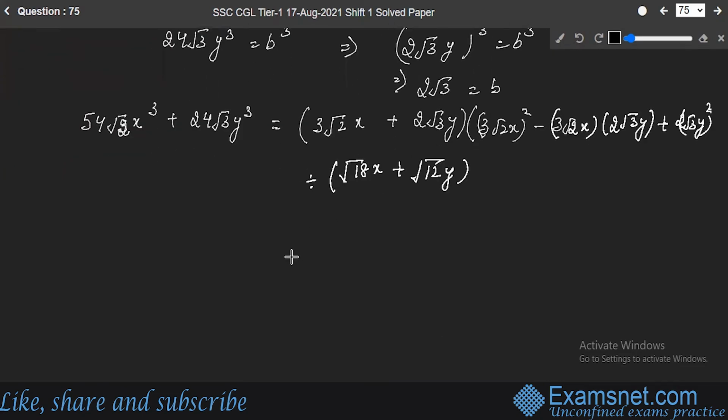So what this one becomes, I'll write it here. This will be 3 root 2 x plus 2 root 3 y. This is a whole multiplied by 3 square is 9, 9 2s are 18, 18x square minus this makes 6 into root 6 xy, right?